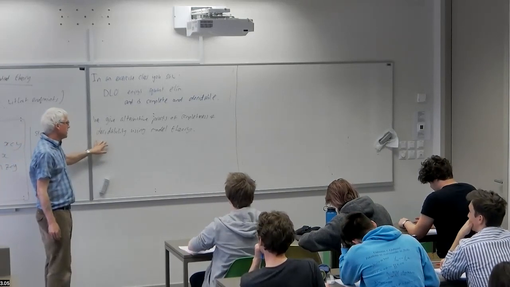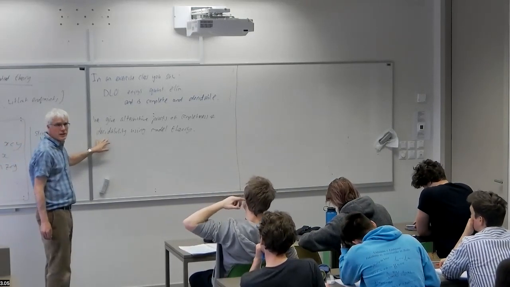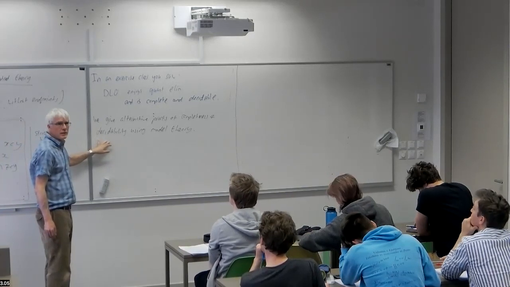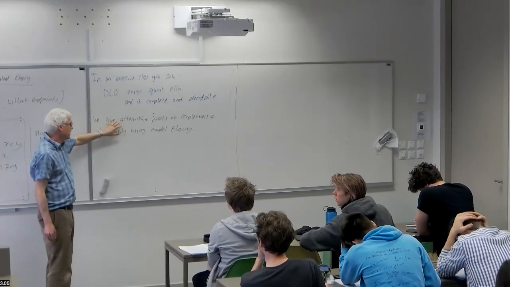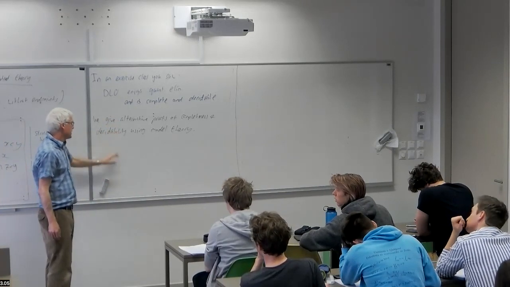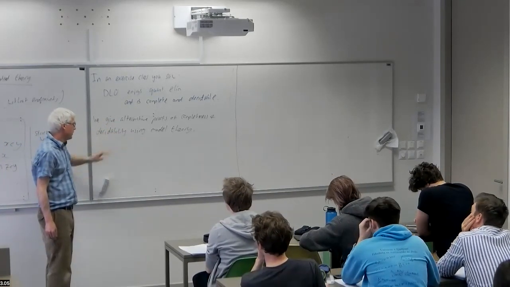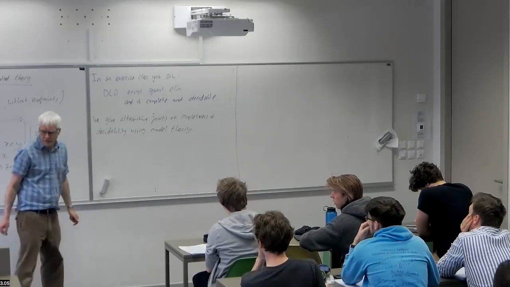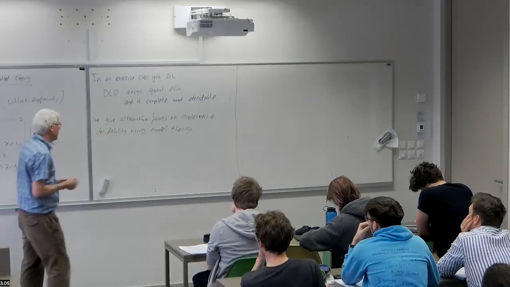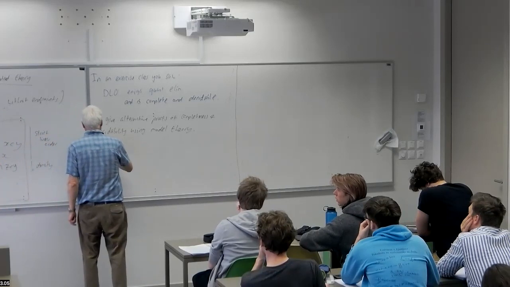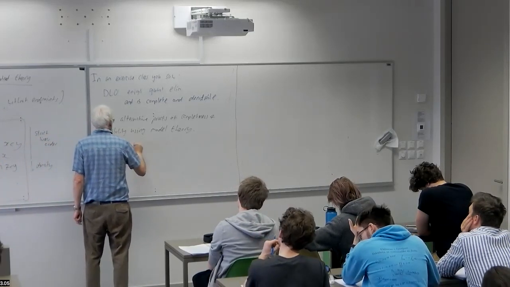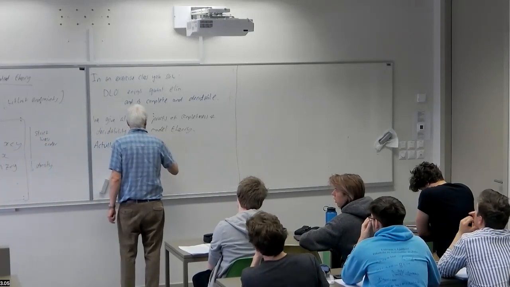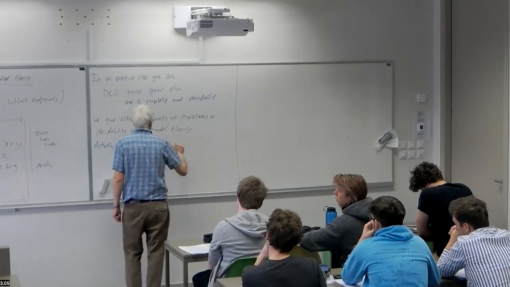One of the main observations here: there's going to be the use of model theory and then a general result applied to that. So we use model theory to prove completeness, and this is a really beautiful argument.